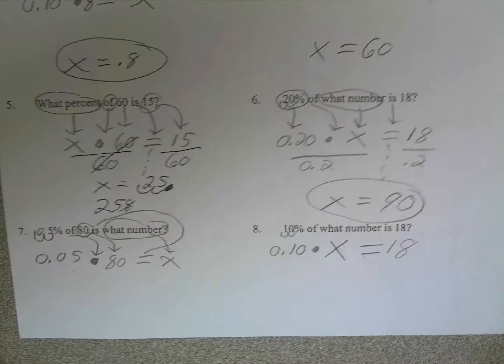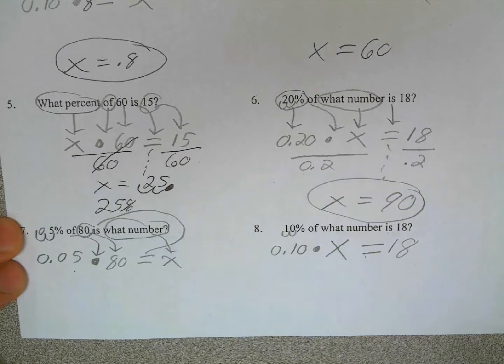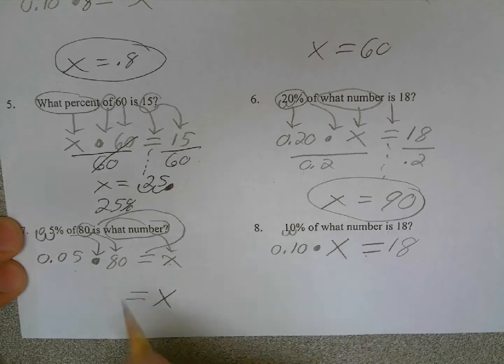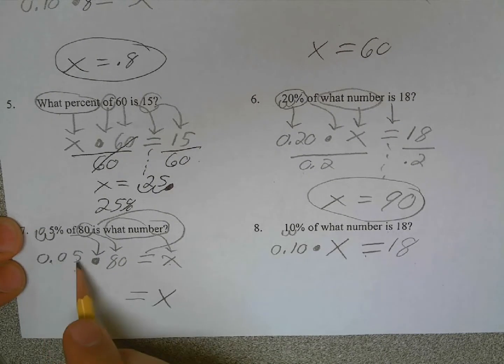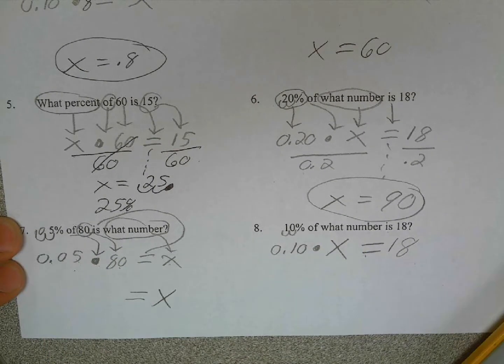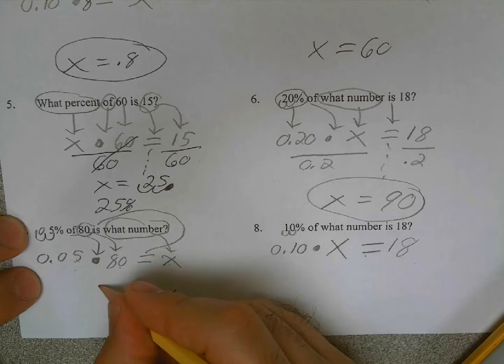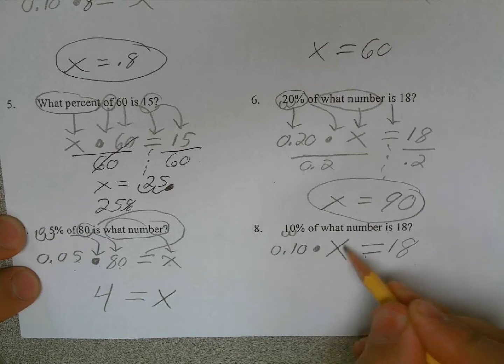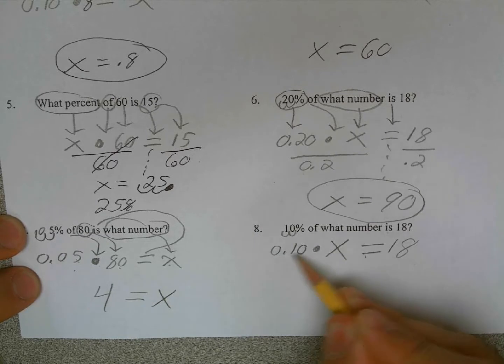Okay? And then the next couple is what number? X is by itself. So we're good to go. So we just got to multiply 0.05 times 80. 0.05 times 80. What do we get? 4. This one is, leave me alone. X is not by itself. Leave me alone times 0.10.